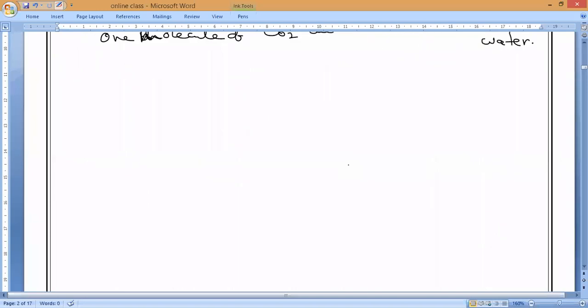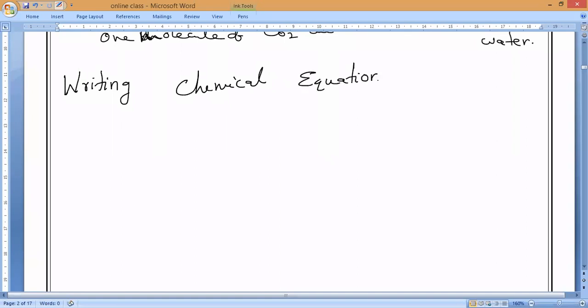So now we will study how to write the chemical equation. Any doubt, guys? Shall we start? Yes, sir. Please all of you keep reading. Writing a chemical equation. Mahalakshmi, have you understood? Writing a chemical equation is very important. As I told you, we have two kinds of equations.